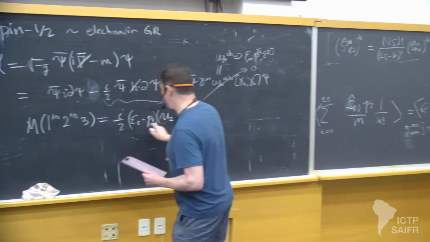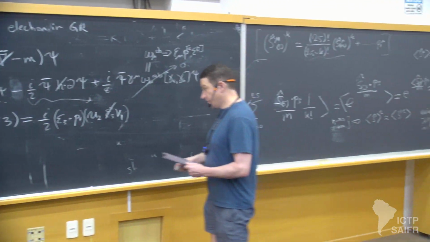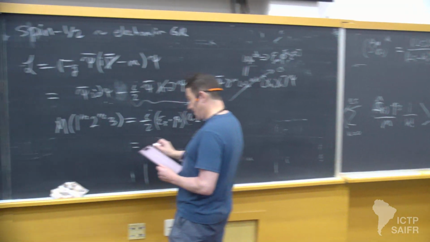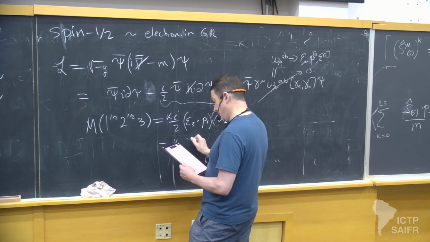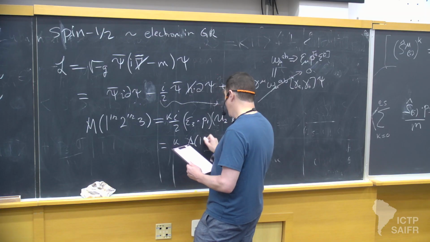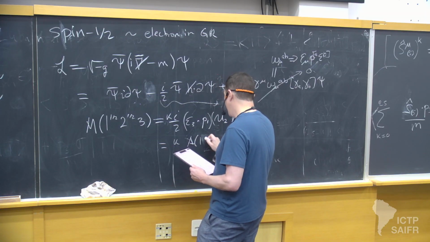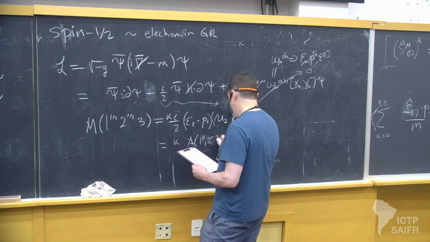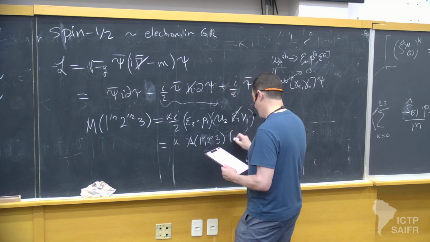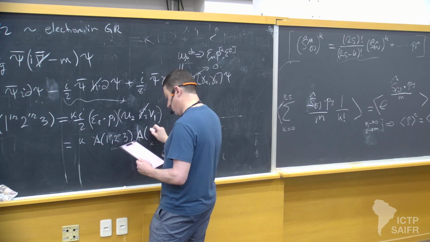Anyhow, now you see that there are two factors here. So in fact, this is a double copy. There's also kappa, which I forgot somewhere. So this is a double copy of spin 0 and spin 1/2 gauge theory amplitudes.